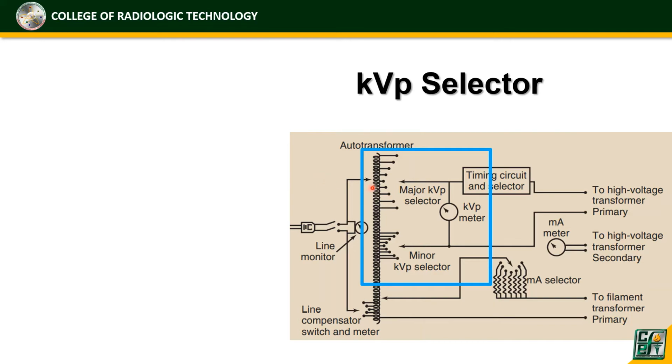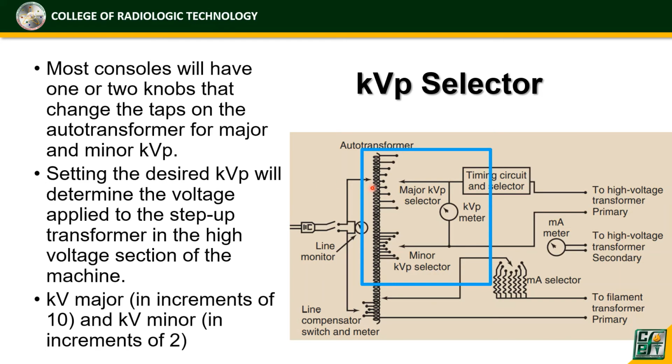Now, the KV selector. In the circuit diagram, it is represented by this. But in the actual control console or operating console, it can either be represented by two knobs representing the major KVP selector and the minor KVP selector, or by touch screen.